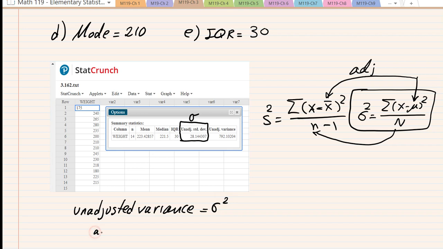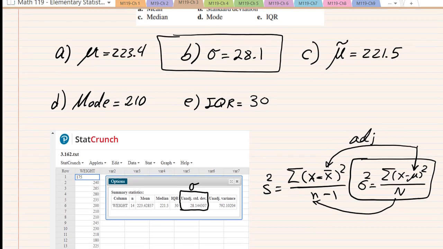Adjusted variance, that's the sample standard deviation. So when we say adjusted variance, which normally people don't say, but in this context I am. Adjusted variance, that's just sample variance. It is again adjusted for mu. Okay, so I want to mention that.